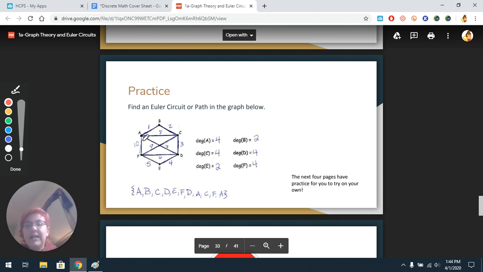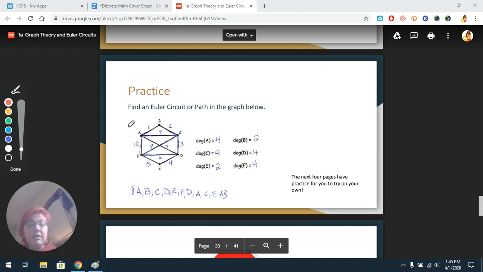Now, in this case, I started at A, but you could literally start anywhere. And I went here and I labeled that 1. I must travel here. I'm going to travel to D, and then to E, and then F, and then I'll go back to D, and then to A, and then to C, and then to F, and then I finish back at A.